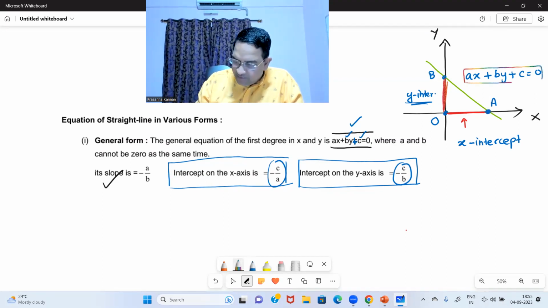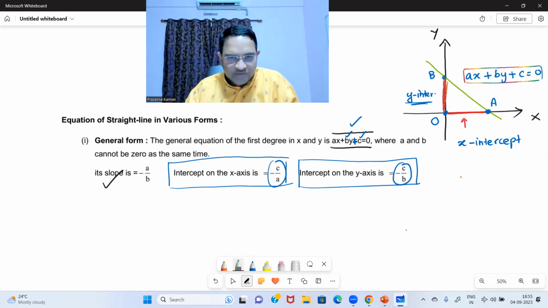This straight line represented by the equation ax plus by plus c equal to 0 meets the x-axis. When I want to find out this point, what can you tell about a point on the x-axis?